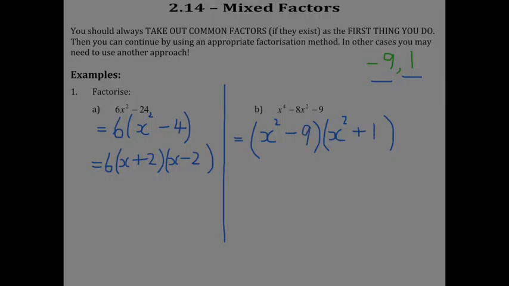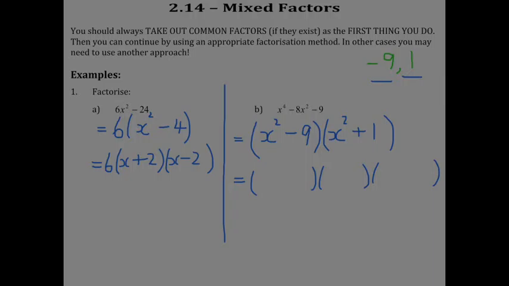Can either of those two brackets be simplified down further? Well, the answer is yes, because when I look at it, that is a difference of two squares. This bracket here is a sum of two squares, and we can't factorize that any further using real numbers, so we have to leave that.